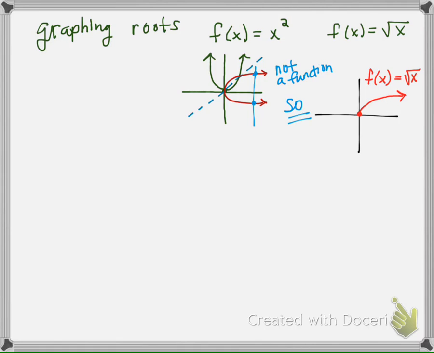And so we need to be specific now about our domain and our range. So we're going to look at domain. When we say what's the domain, this is what you should be thinking: what am I allowed to put in for x?